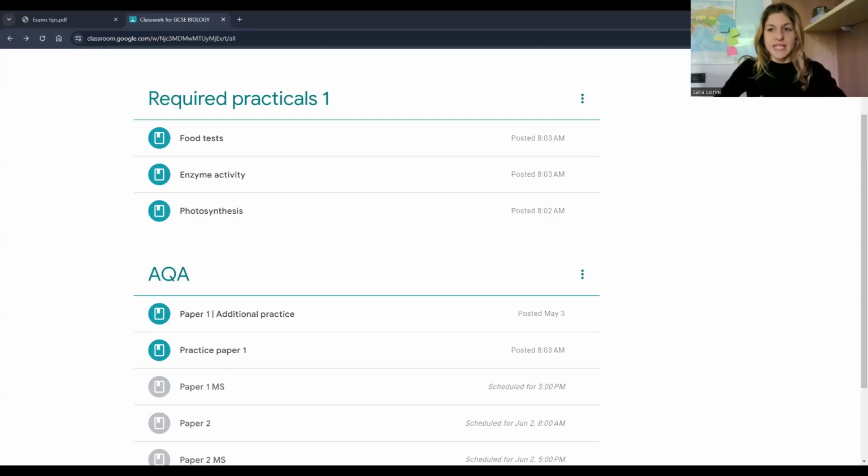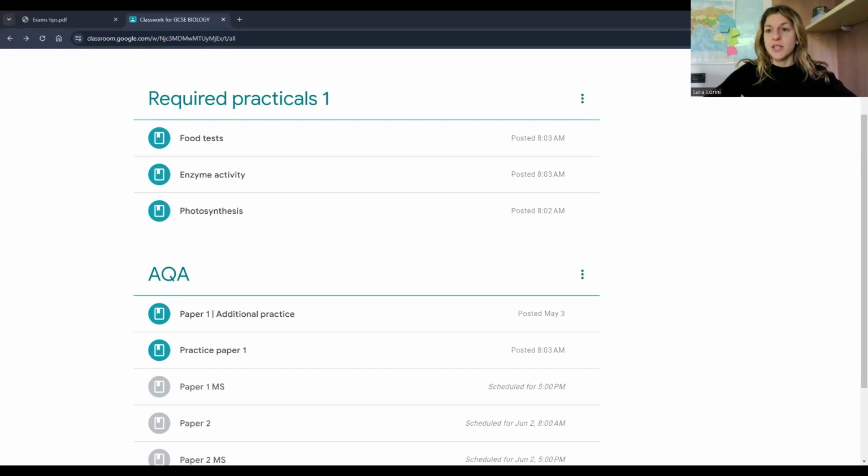We're going to revisit 3 key practicals and then do exam practice for each. I've selected food tests because they come up in every paper and are very linked with enzyme activity. Second, enzyme activity, because enzymes are one of the most important topics.